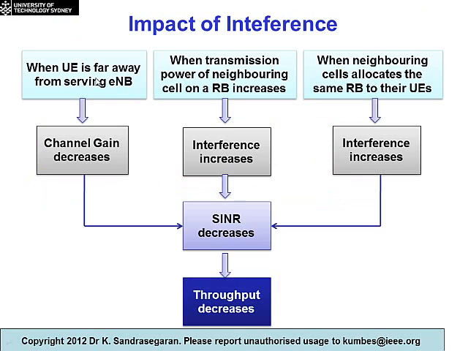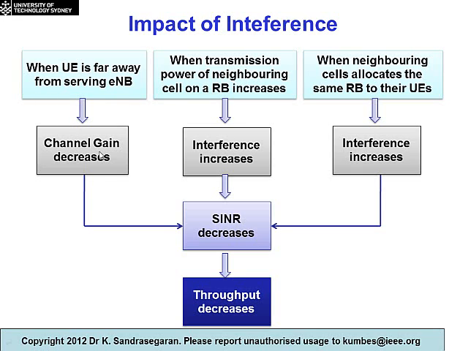So this slide essentially says, when a UE starts to move far away from the eNode B, what exactly happens? Well, as a UE starts to move away from the eNode B, the channel gain between the base station and the UE starts to decrease.